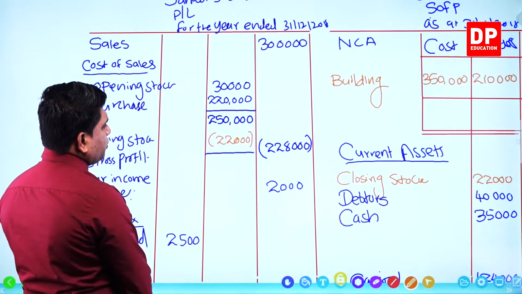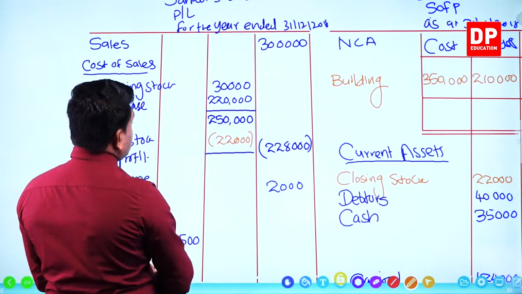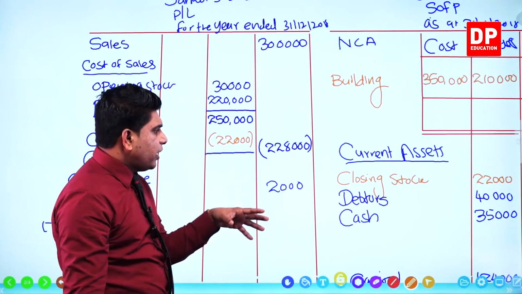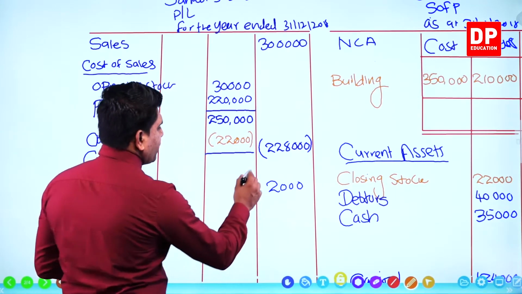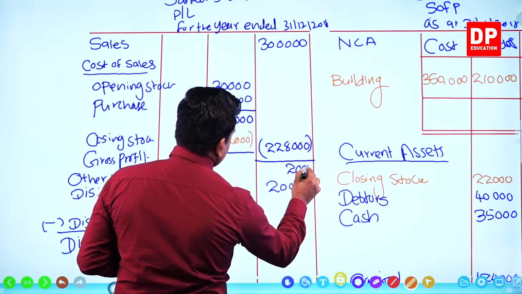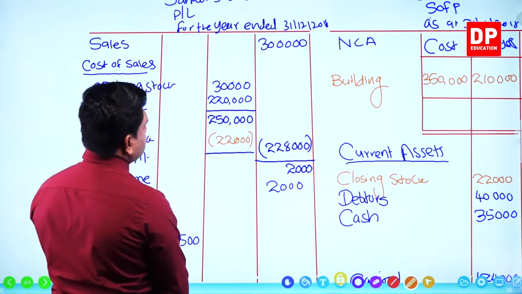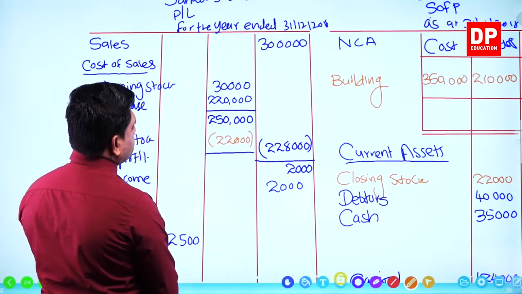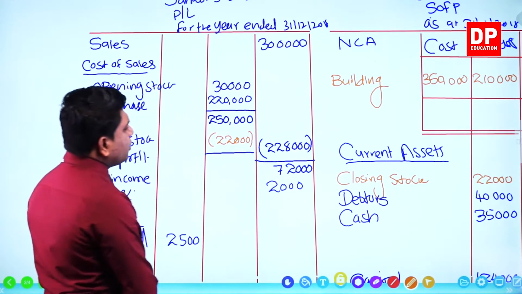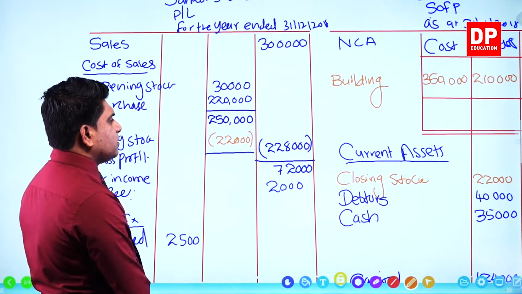Cost of sales 228,000. 300,000 is your sales income, but the cost is 228,000. Then you can see the gross profit. How much? 72,000, right?